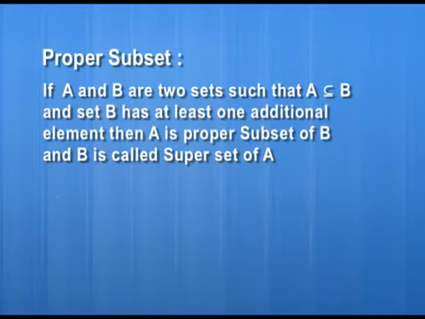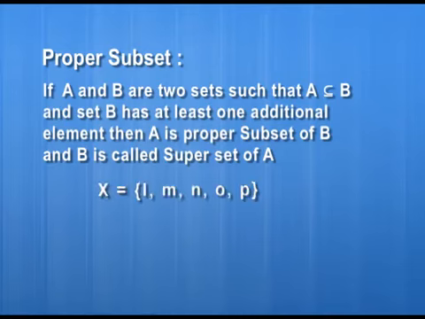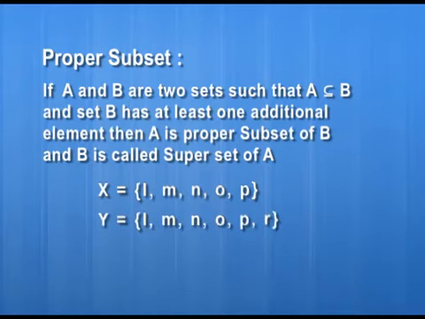Let there be 2 sets A and B such that A is contained in B and B has at least one element extra. Then A is said to be a proper subset of B and B is called the superset of A. For example, let X have 5 elements L, M, N, O and P, and set Y have all the elements which are in X and one additional element.